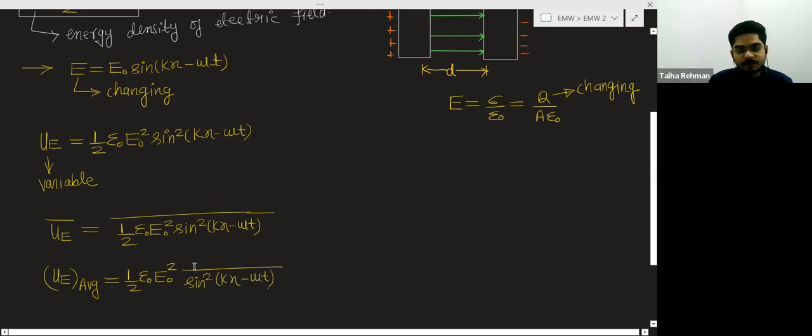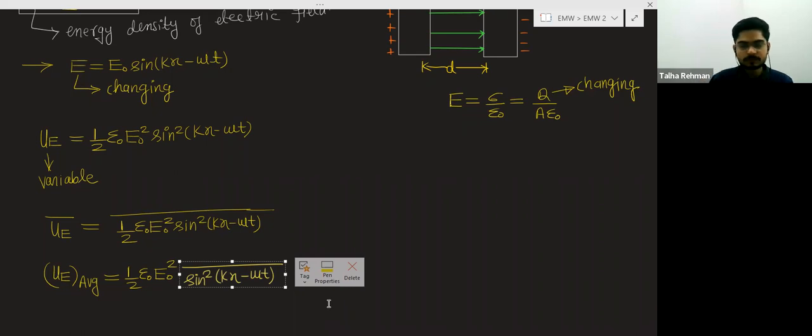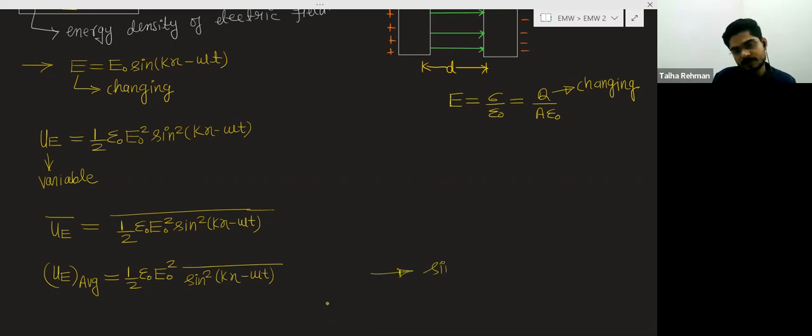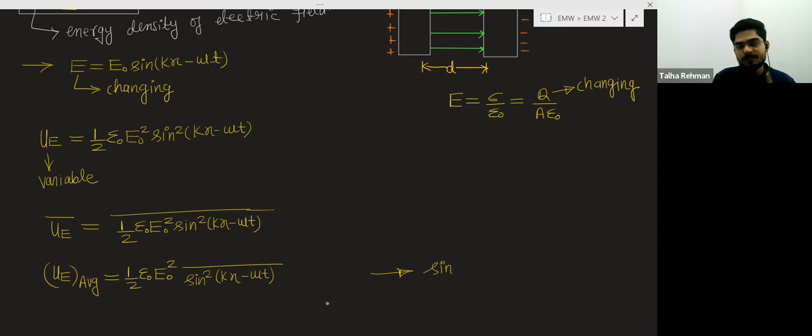Can anyone tell me what will be the average value of sine square (kx minus omega t) for a full cycle? Matthew? I have told you that. It will be half. The average value of sine square is always half.